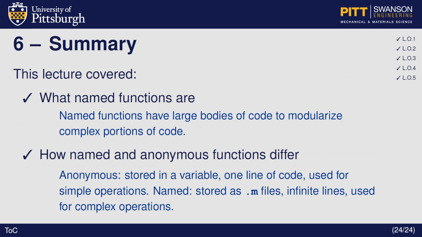In summary, named functions have large bodies of code to modularize complex portions of code. Anonymous functions, by comparison, are stored in a variable. They have one line of code and are used for very simple operations, whereas named functions are stored as .m files. They can include infinite lines theoretically, and they are used for complex operations.